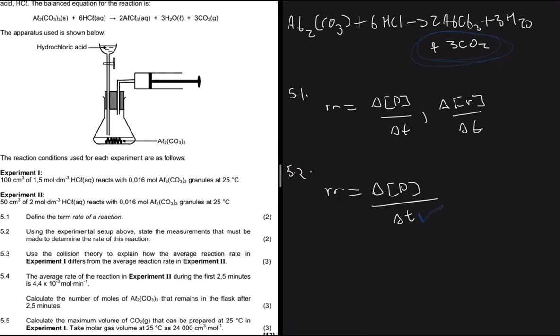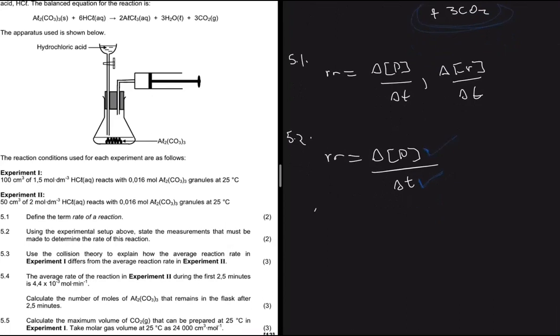And then now the change in products or reactants. That's sort of like the trick of this question. Because we have this syringe here on the setup, we are going to measure the volume of the gas that is released. The gas is one of the products, right? So that's how we will use this equation to calculate the rate of this reaction.